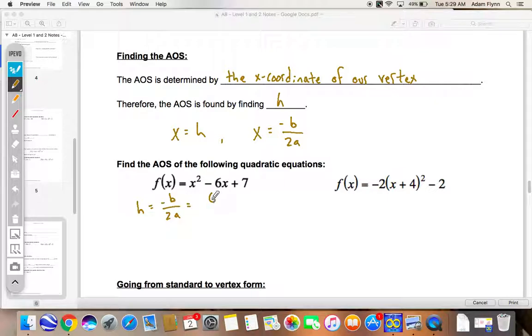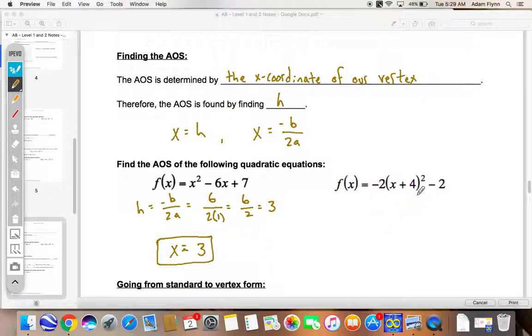So I get 6 over 2 times my coefficient here, which is 1. So I get 6 divided by 2, which is 3. Okay? So looking up above here, my axis of symmetry is the line x equals 3.